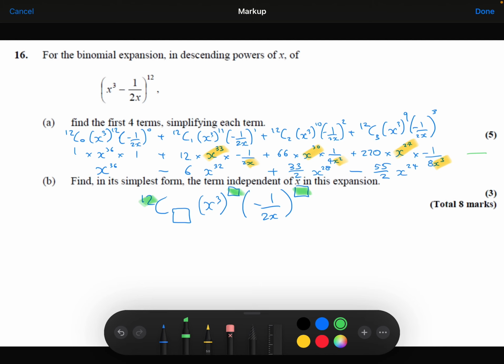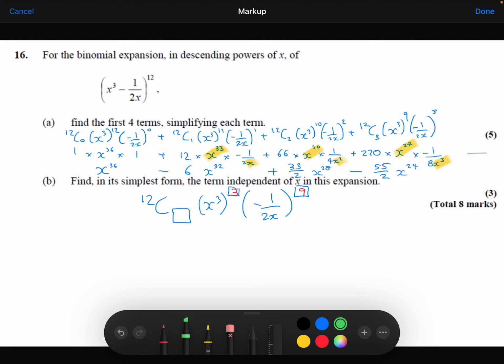They always do. So what numbers would add up to 12 and would make these things cancel out? Well, if this is a 3 here, and if this is a 9 here, those two numbers add up to 12, and that's a good thing to do.